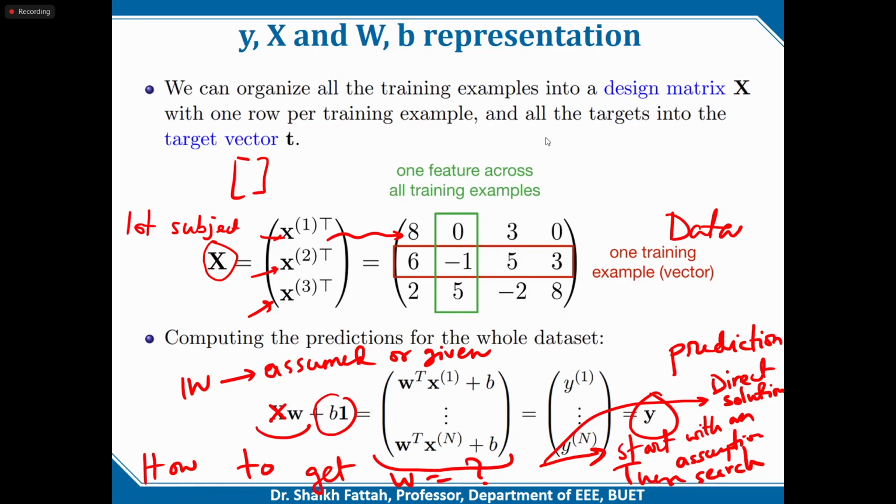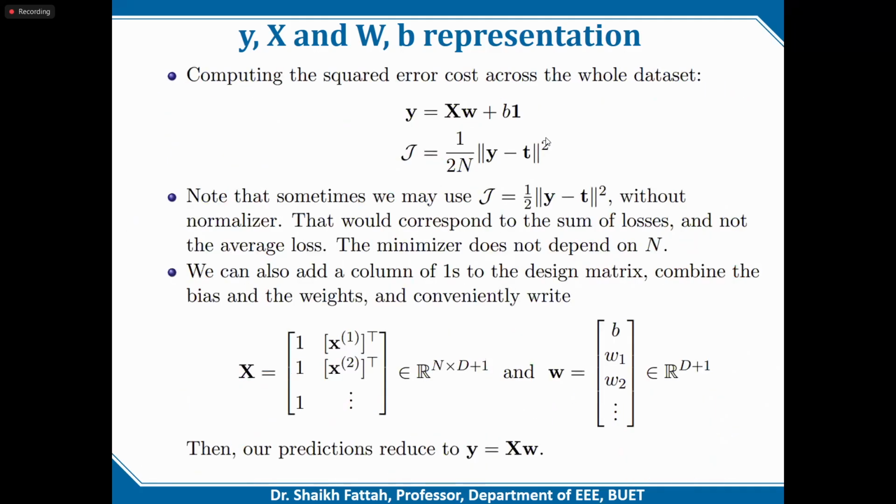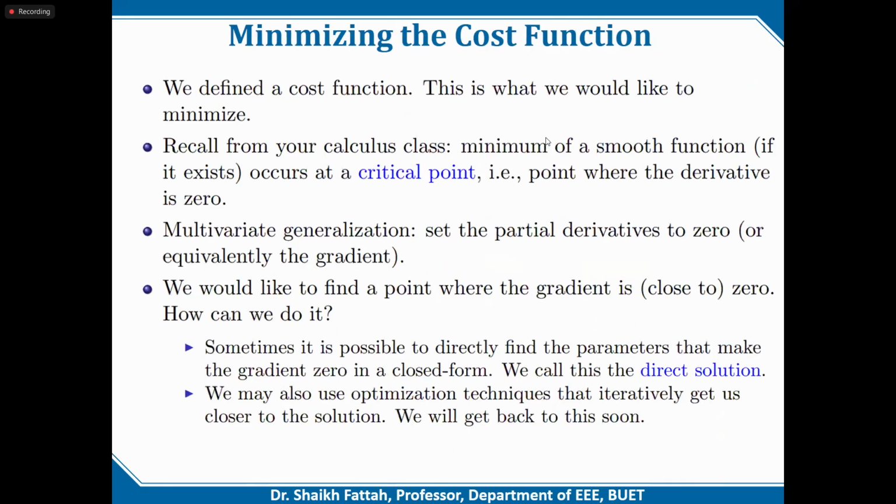So I hope you understand. In the last class, the problem was how to get the W, because I gave you some arbitrarily chosen W. One possibility: is there any closed form solution that can directly give you W, or do we have to search?